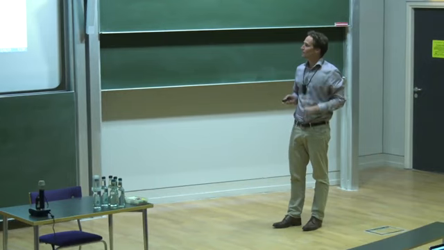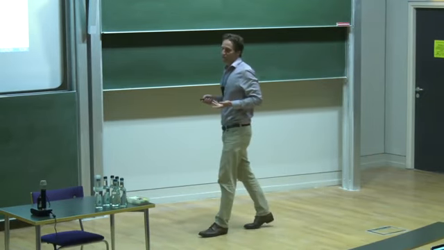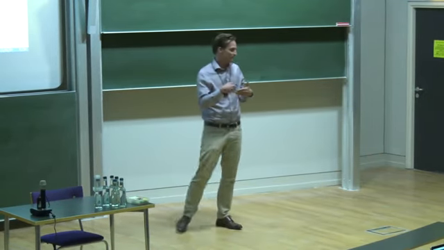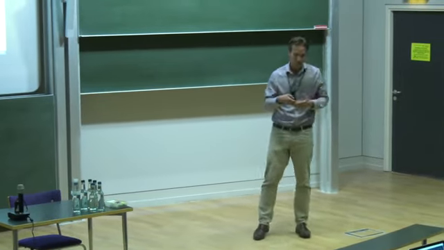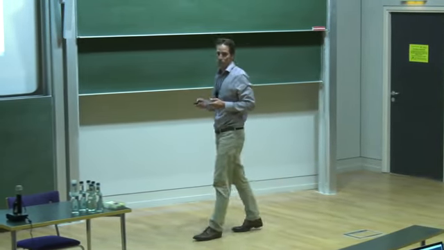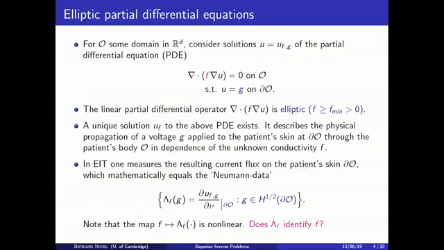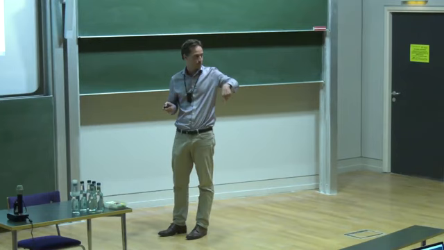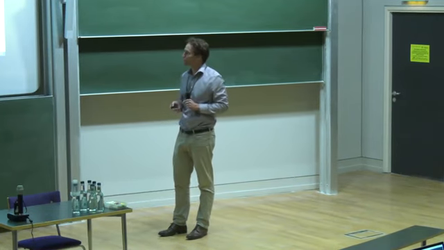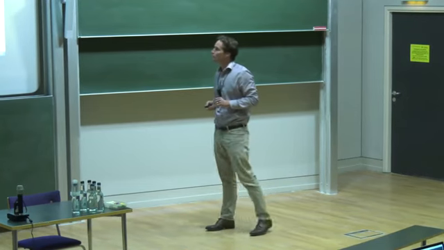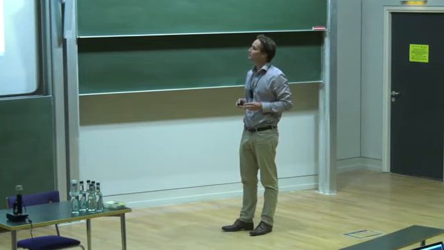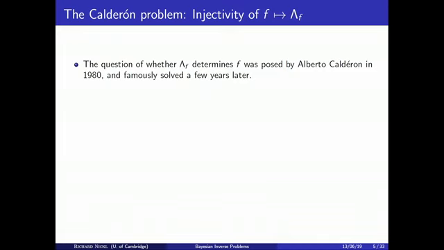Yeah? And the question you can ask is, is this enough to infer what happens inside of this domain O? Can I infer the conductivity F inside from just making these boundary measurements? This is a priori, of course, not clear, and it is basically the subject of the Calderon problem that was introduced already in the morning, so I can go a bit faster here.